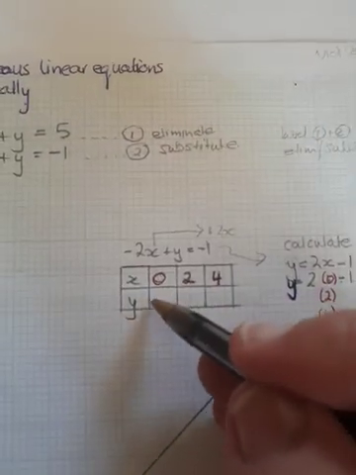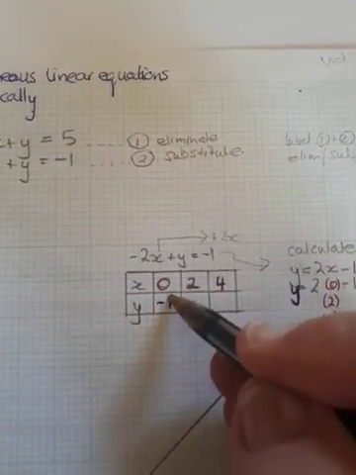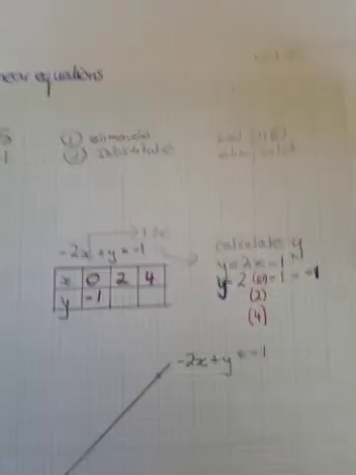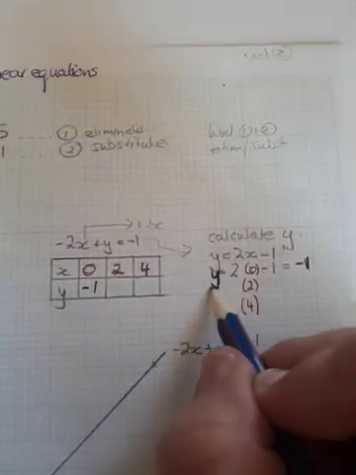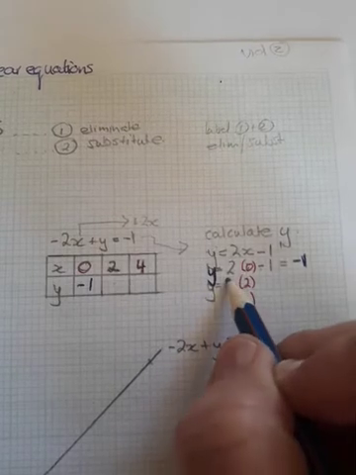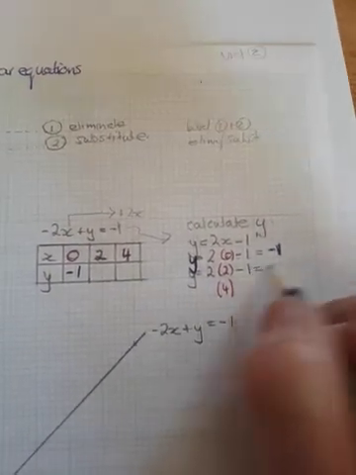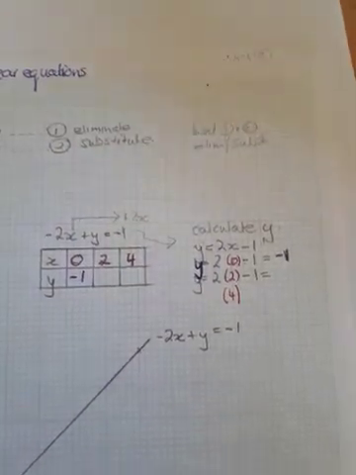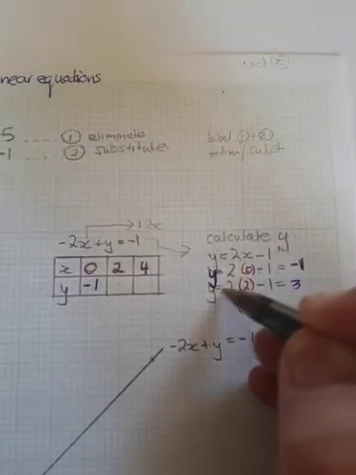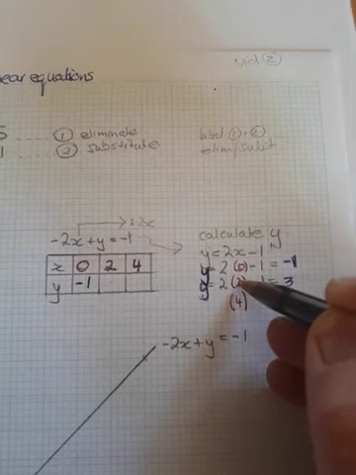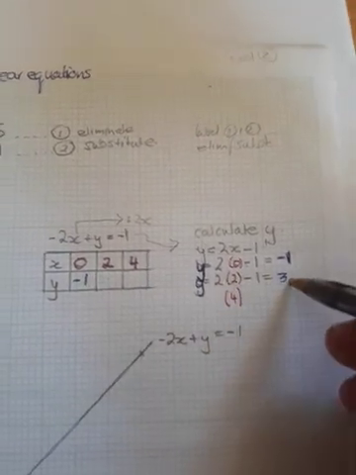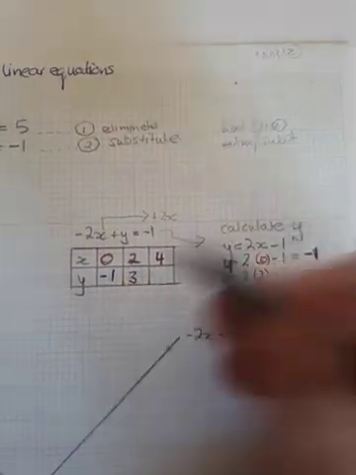Then we can do the second x value, 2 times 2 minus 1, that equals 3. So when x is 2, then y equals 3, right?